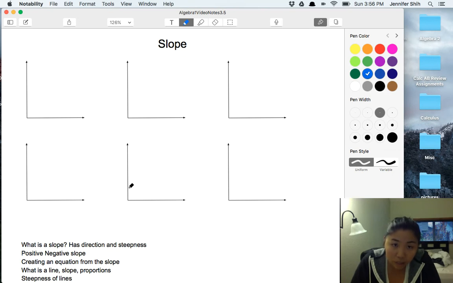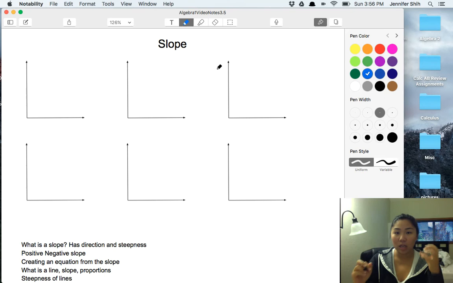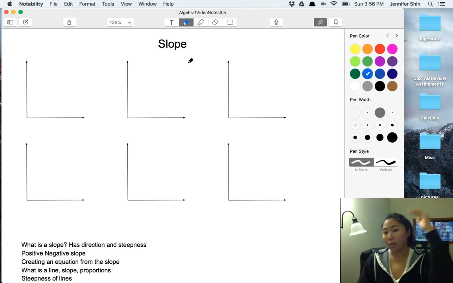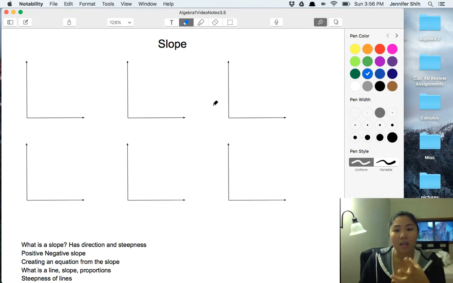And slope here is going to tell us a lot of information about the relationship between 2 quantities. So in the previous example, we talked about the difference between number of laps and the minutes that are involved. In this, I just want to show you what slopes look like.